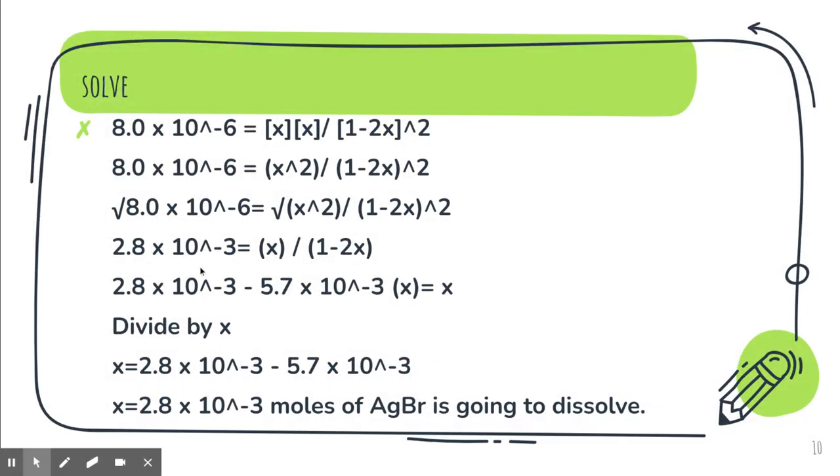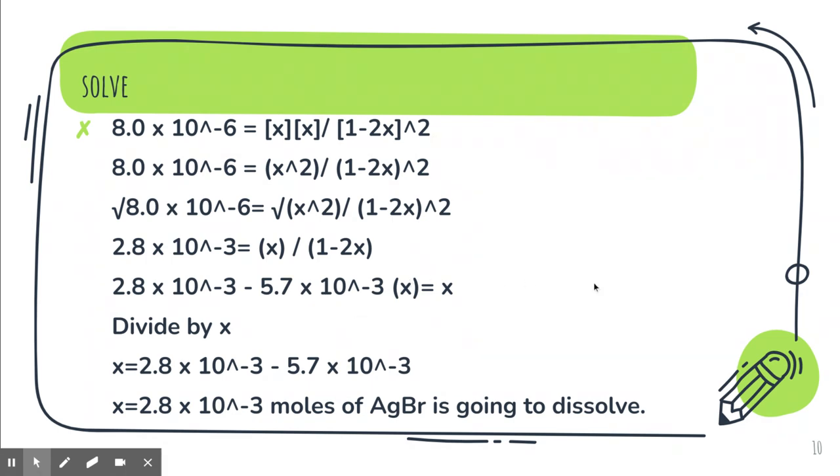From here, we multiplied the left side of our equation by the denominator of the right side. So we had 1 times 2.8 times 10 to the negative 3, and then 2x times that as well. This is what we got when we multiplied 1 by it, and this is what we got when we multiplied 2x, and that is all going to equal x.